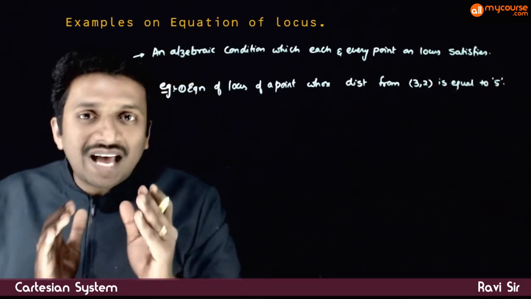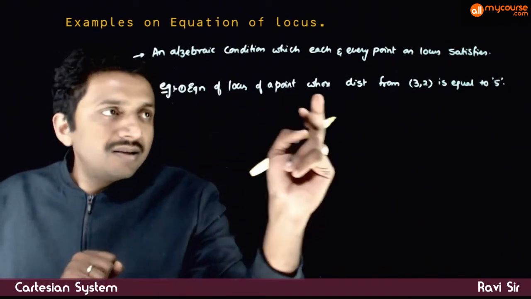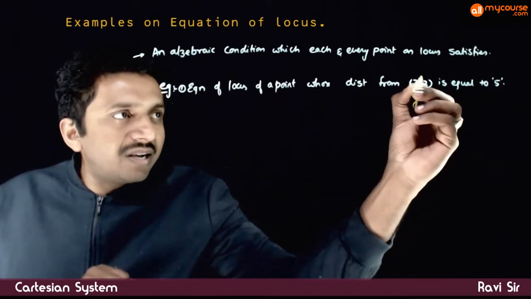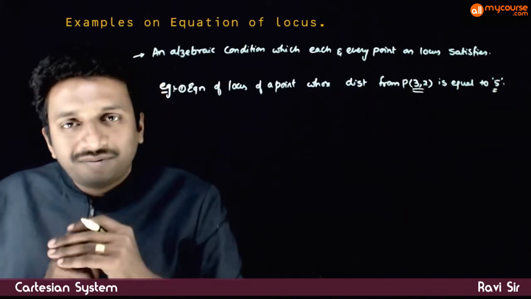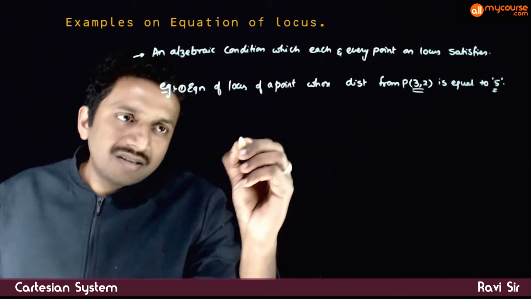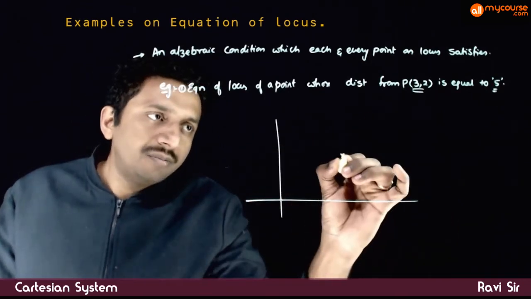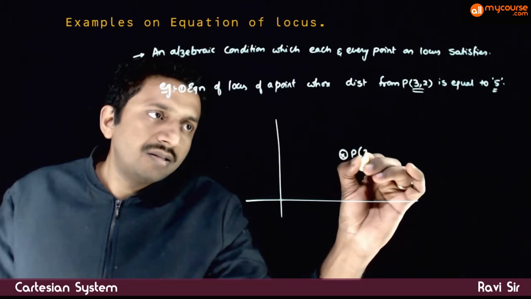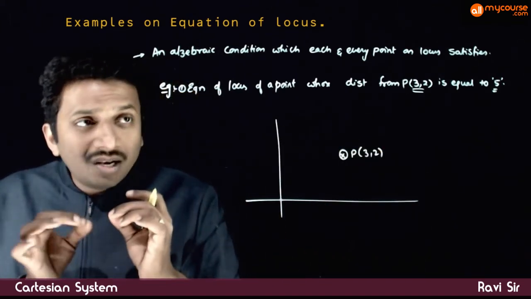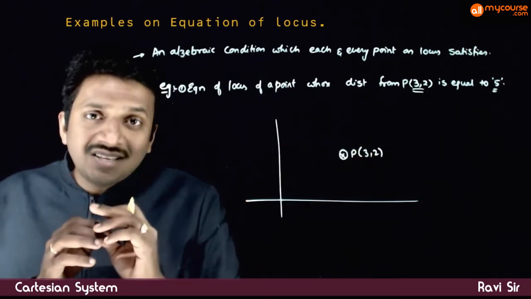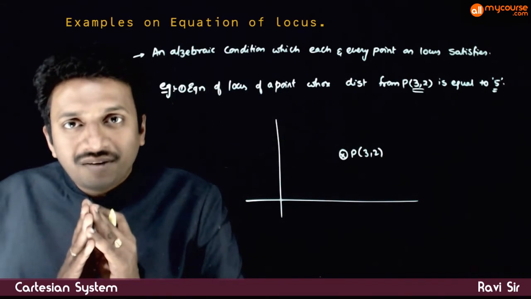So now the question has to become more specific. What is the equation of locus whose distance from this particular point, let us call it P, is equal to 5? That means if you take the coordinate system, you have the point 3, 2. Now I want the locus of a point such that the distance from this point is equal to 5 units.